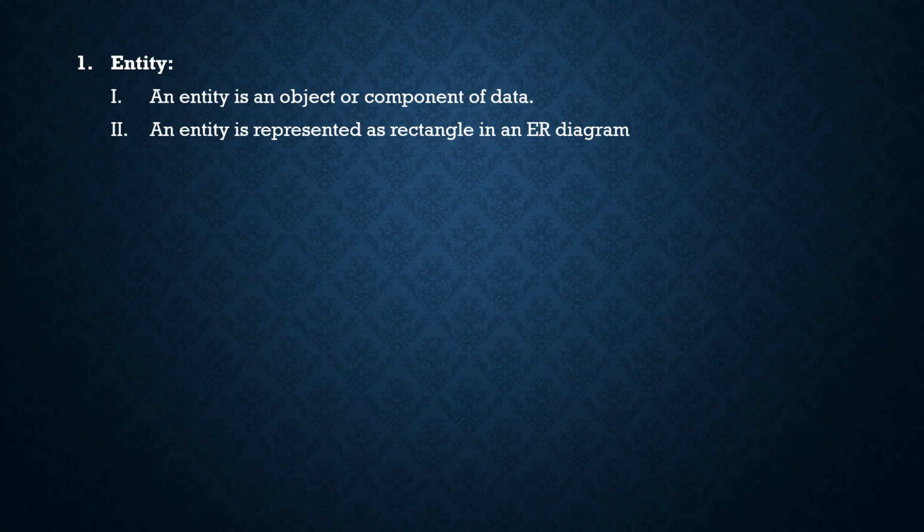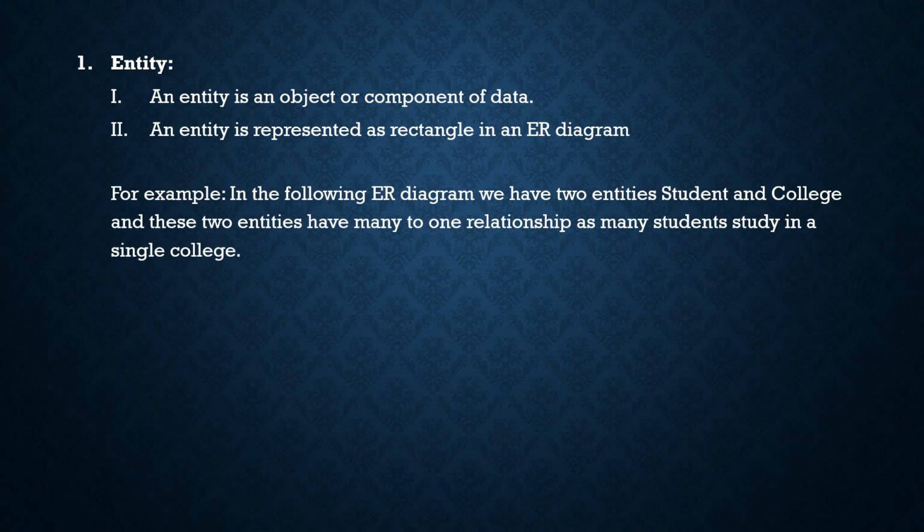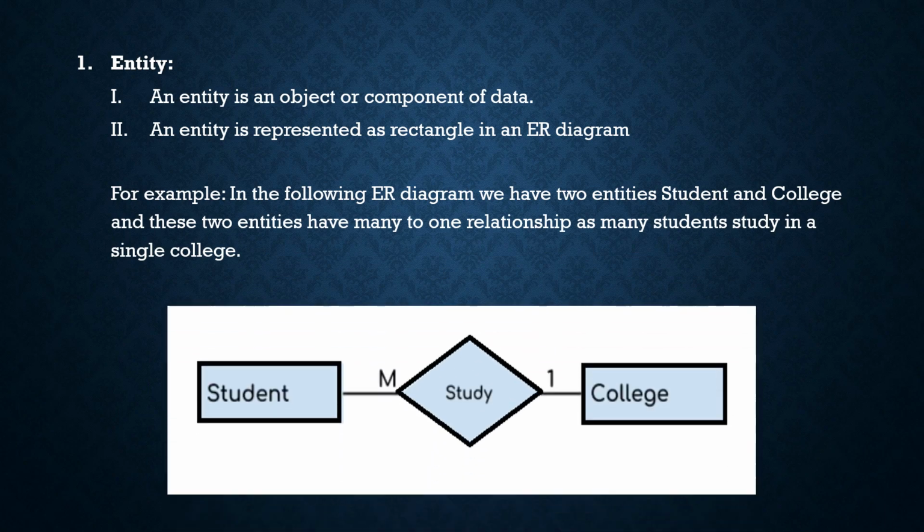It can be represented by using rectangles. You can take the example below. In the following ER diagram we have two entities, student and college, and these two entities have a many to one relationship, as many students study in a single college.